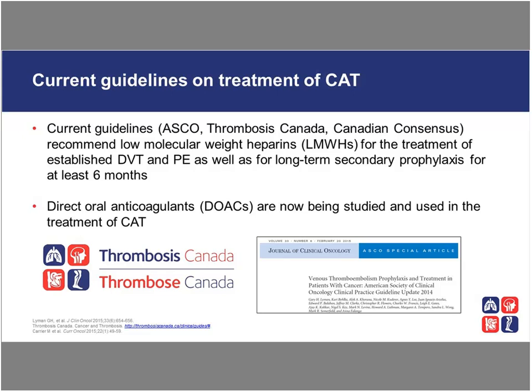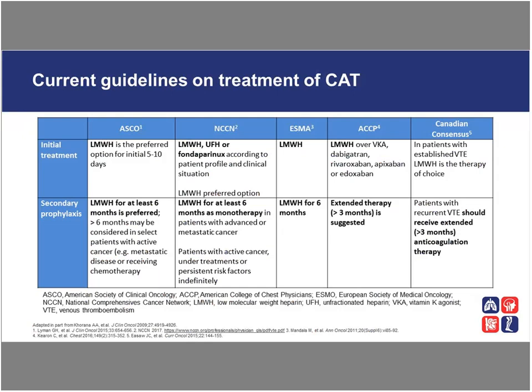And so it's interesting to note how these new agents will be considered in the new guidelines, and we'll explore, in the next few slides, the possible implications for these drugs in cancer-associated thrombosis management.